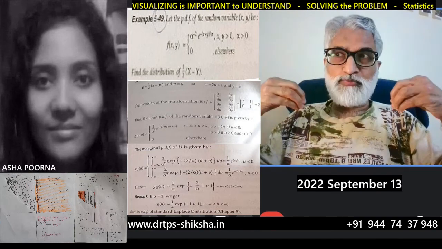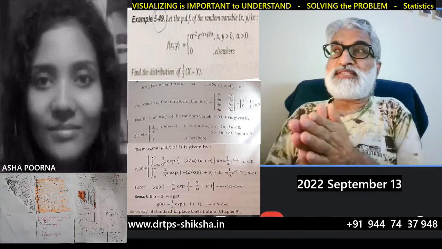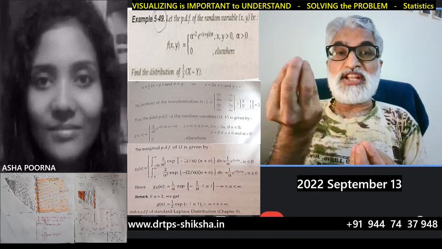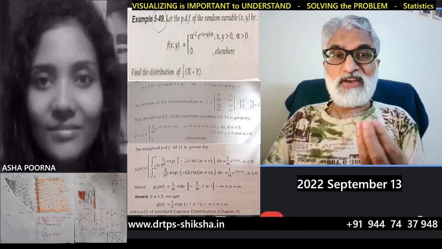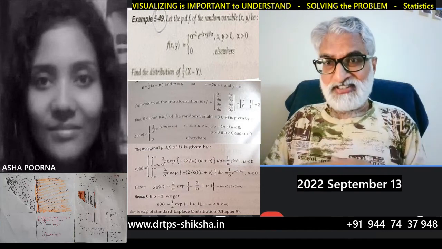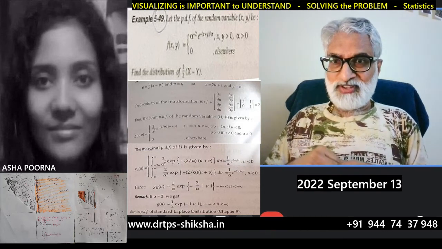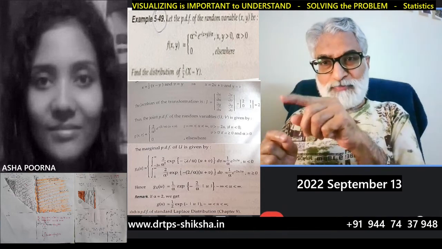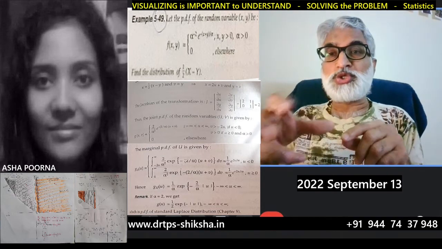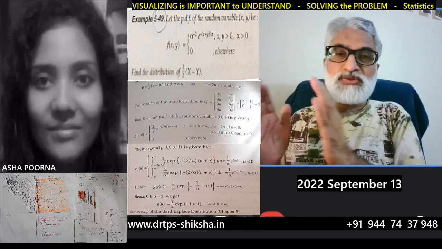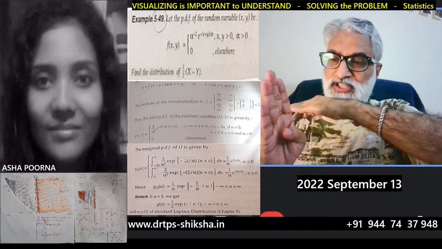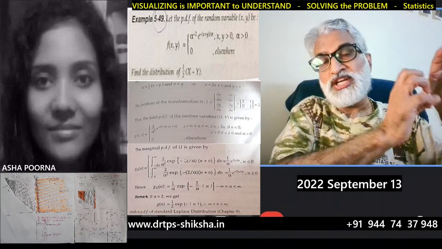Basically we must understand why we are doing it. You can see a generating function, Fourier transformation. You have got a generating function. Sometimes you will say this is what you should substitute to get the solution. That is because you have to transfer this from this domain to this range.